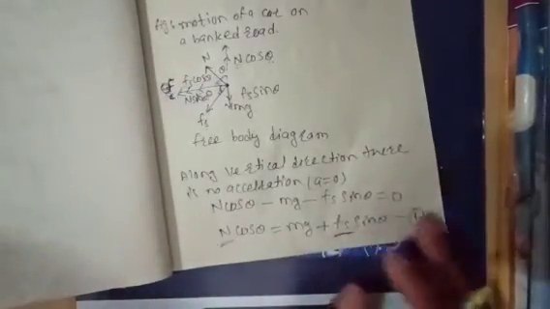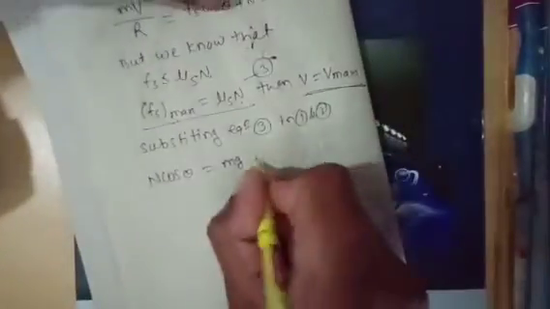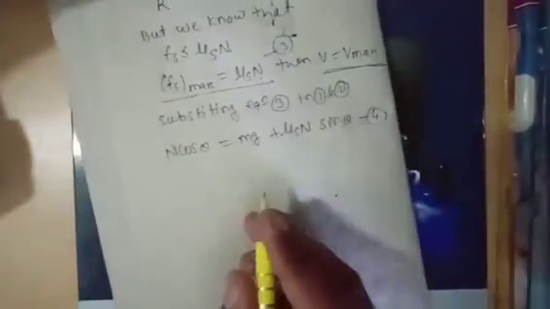Therefore N cos theta is equal to mg, as it is, plus mu s into N into sin theta. This is equation 4. And wherever velocity is present you can write the maximum velocity.